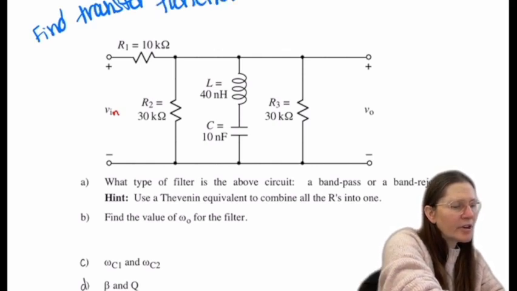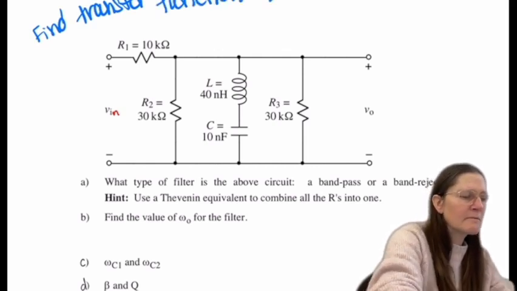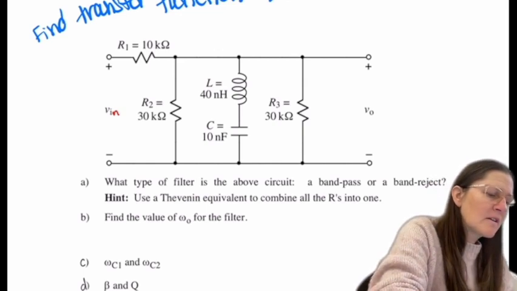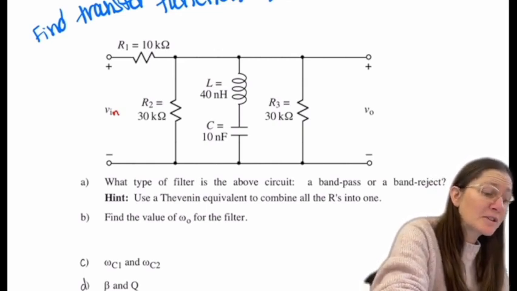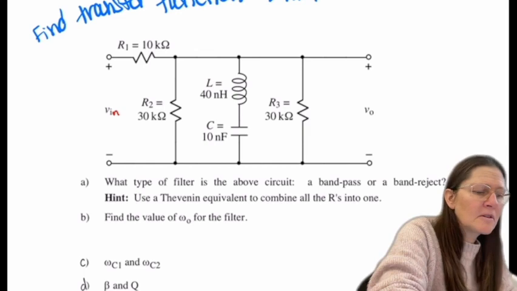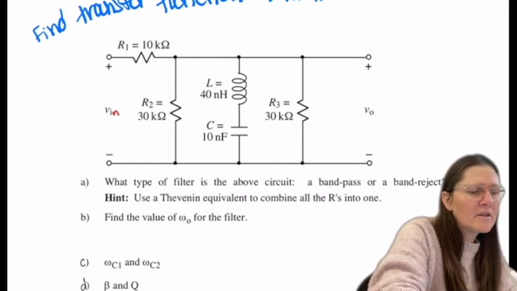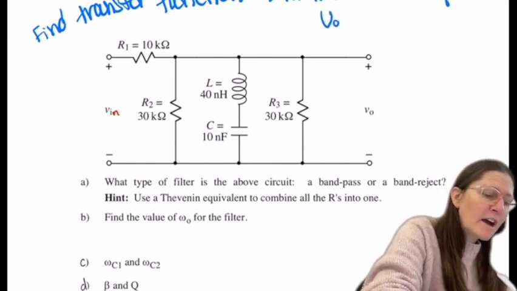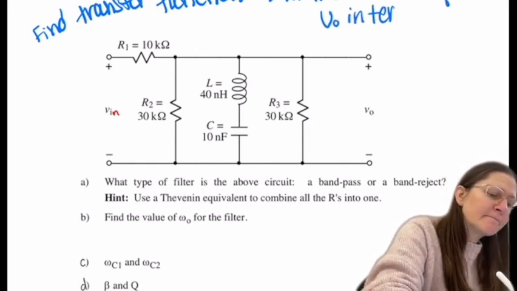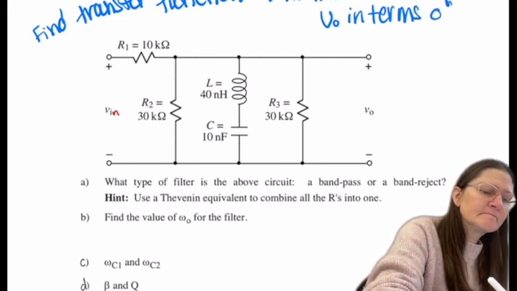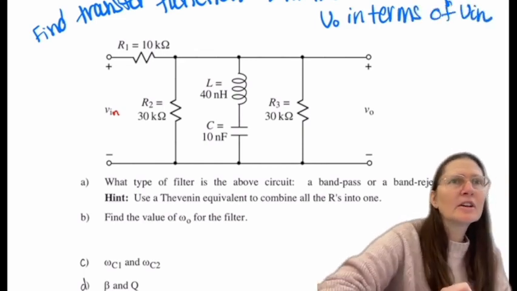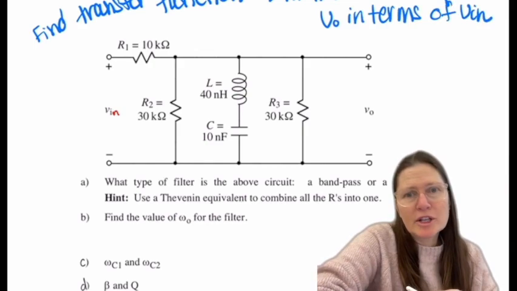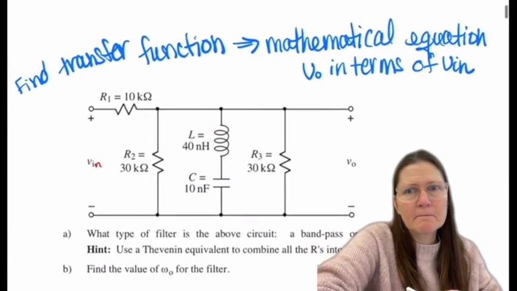And a transfer function is a description. It's your mathematical description, I should say. Mathematical equation. V out in terms of V in. So you just need to find your V out equation in terms of V in.